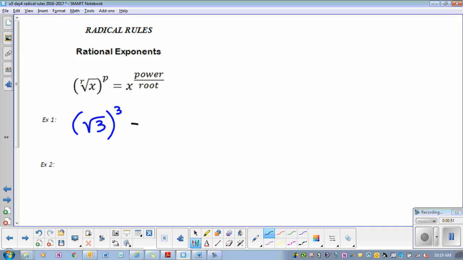Well, then, to put this 3 out, what's the power on this? 3. And what's the root? If there's no number here, what number is it? 2. Good job. So this is really 3 to the 3/2 power.